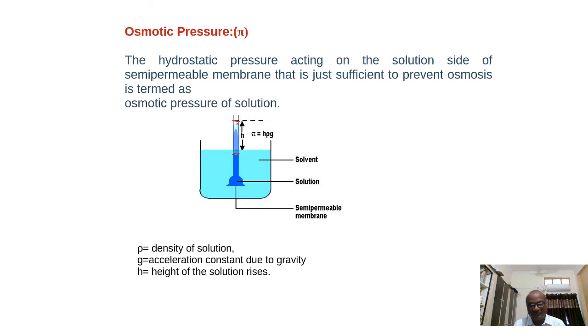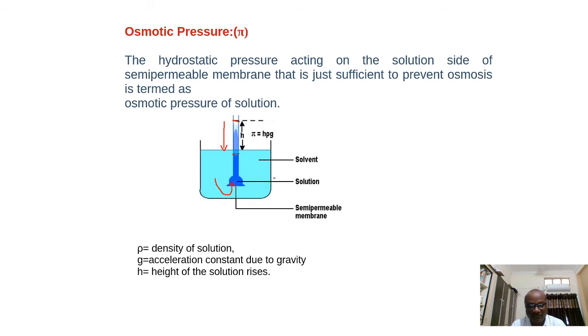In this diagram, we have shown the increase in level of the aqueous solution as H. H is the height of the solution column which increased. The solution column which increases will exert pressure in the downward direction, whereas the solvent molecules are moving in this direction.